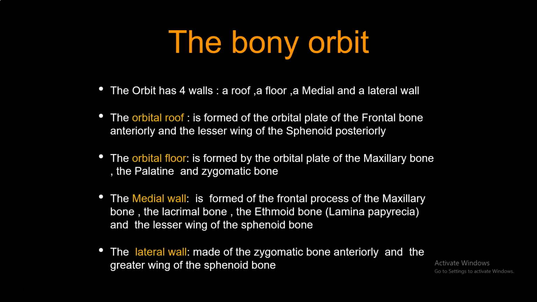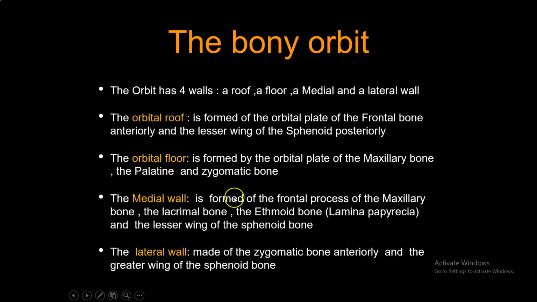The bony orbit, as we said, has 4 walls: roof, floor, medial and lateral walls. The orbital roof is formed of the orbital plate of the frontal bone anteriorly and the lesser wing of the sphenoid posteriorly. Orbital floor is formed by the orbital plate also, but of the maxillary bone, the palatine, and the zygomatic bone.